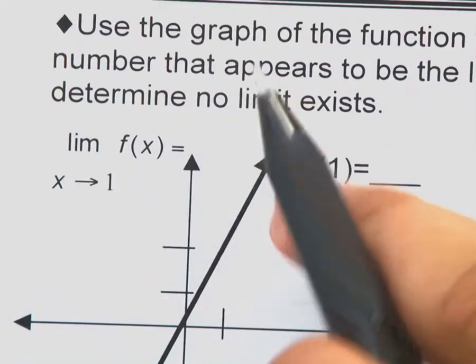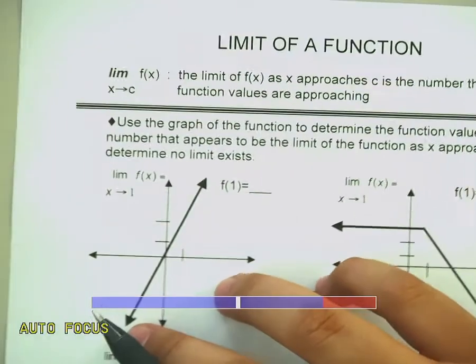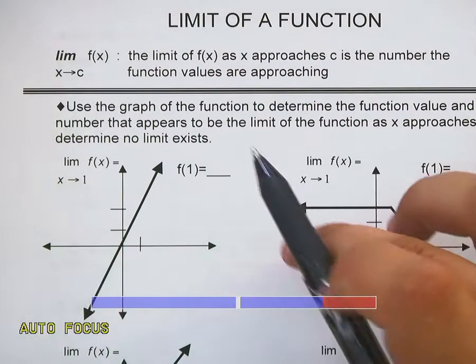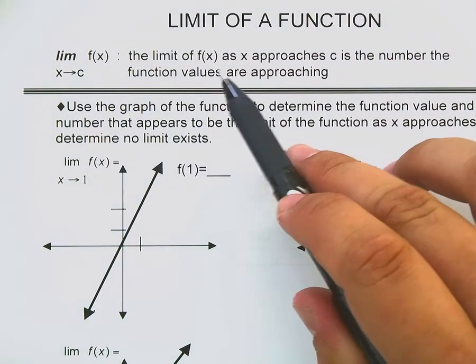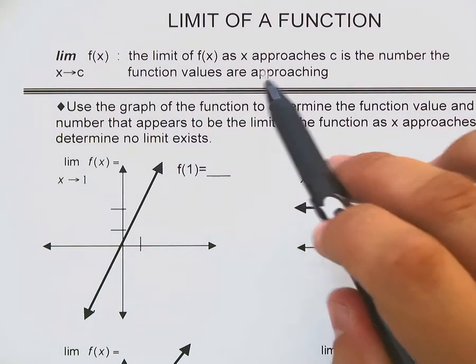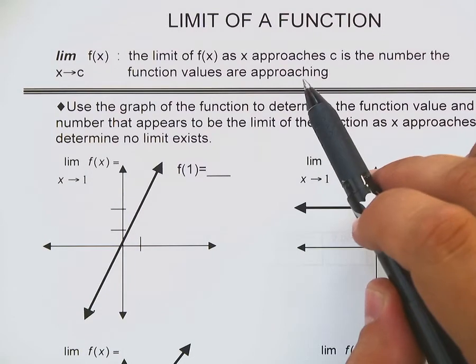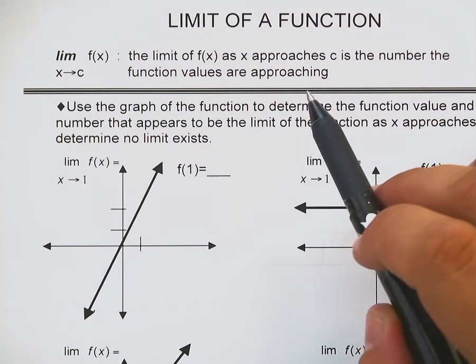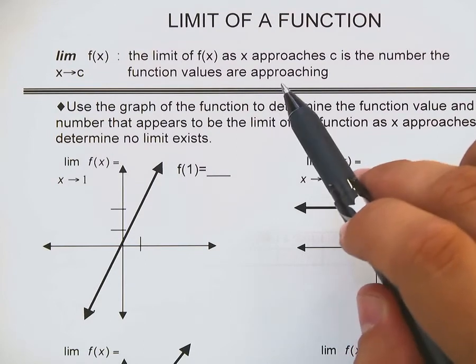Now remember, a limit is not what it is or what it becomes. It's what it gets close to. The limit of f of x as x approaches c is the number the function values are approaching. Not what is it, but what is it approaching. Approaching is a key word here.